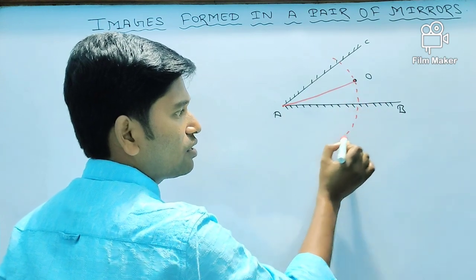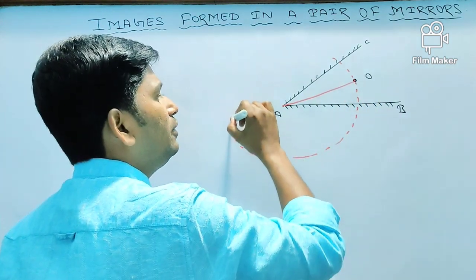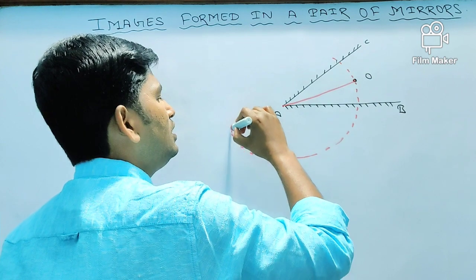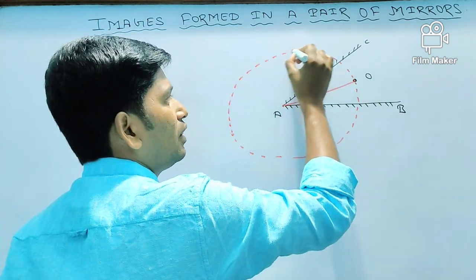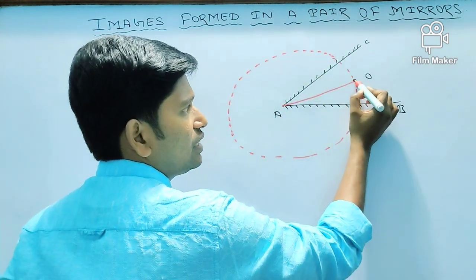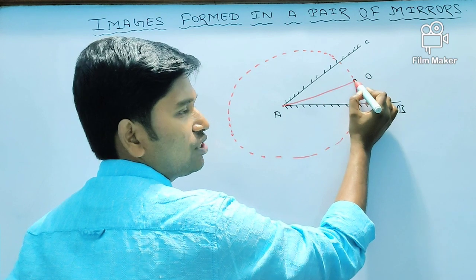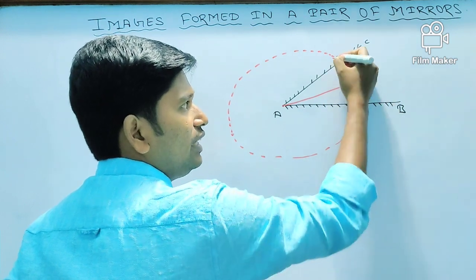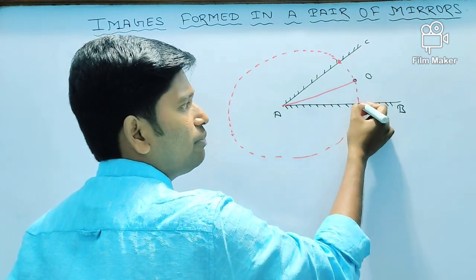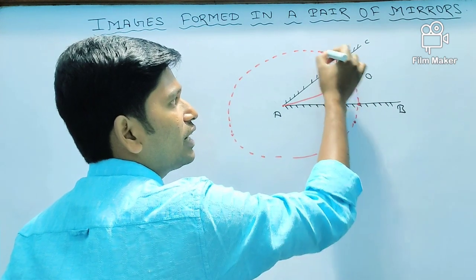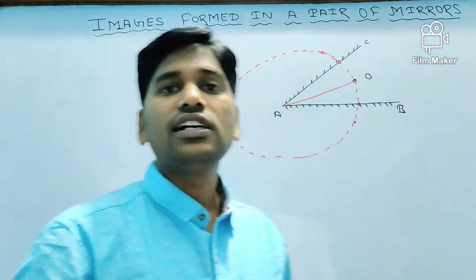If we draw a circle, then the object is on the circumference, and the images can also be seen on the circumference of this circle.